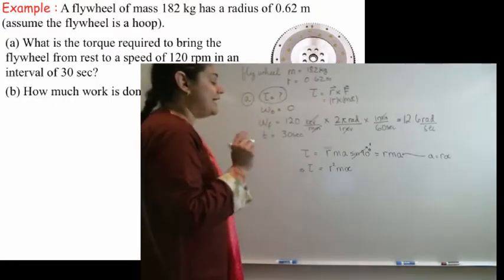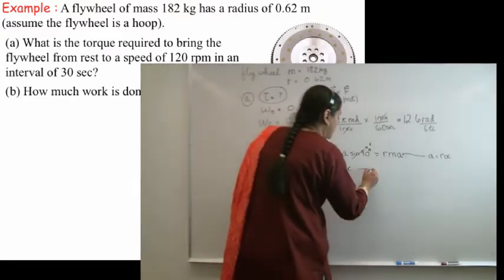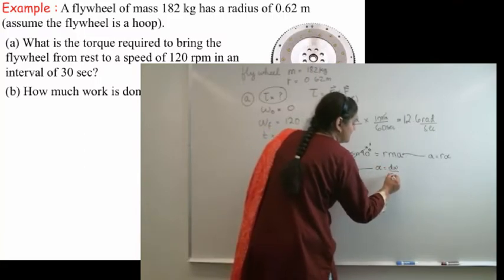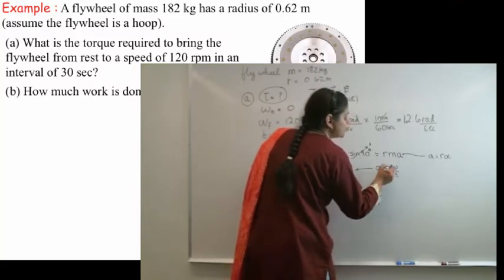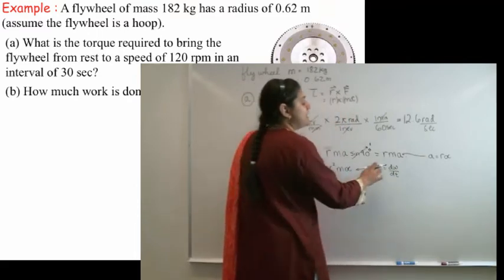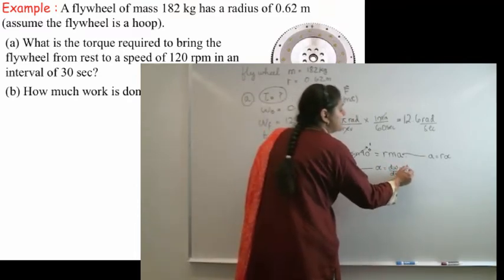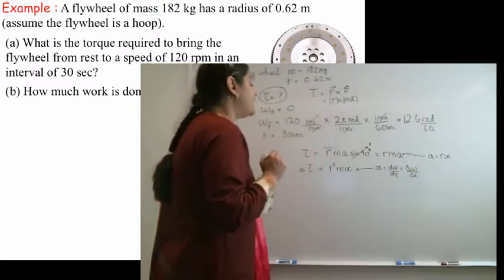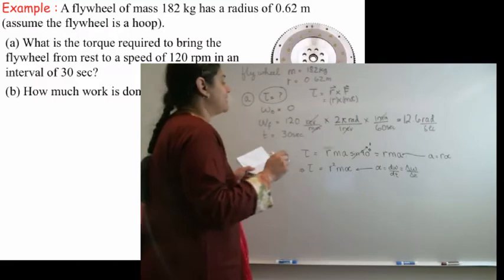Okay? And alpha, further, I know is equal to d omega over dt. Change in omega over change in time. In other words, I can also write it as d omega over dt, where I know what the change in omega is.